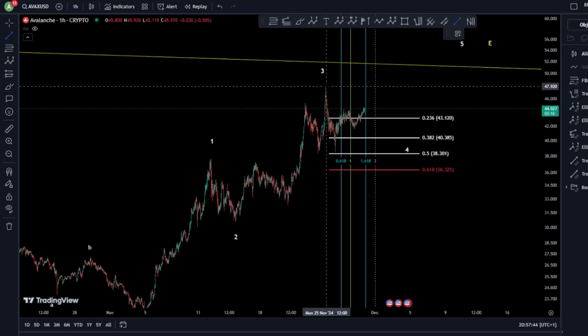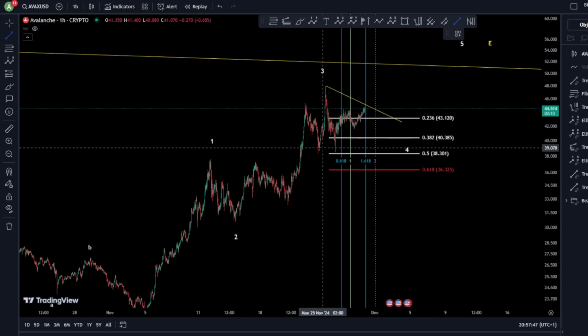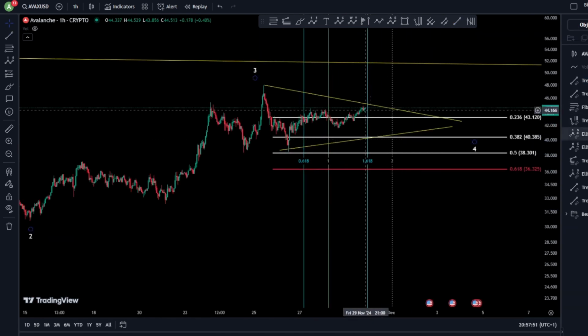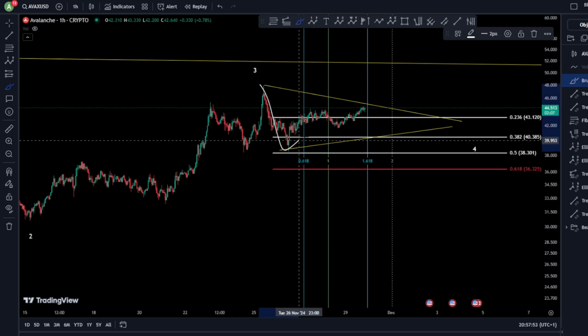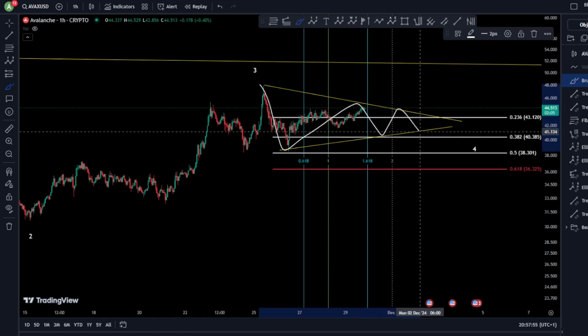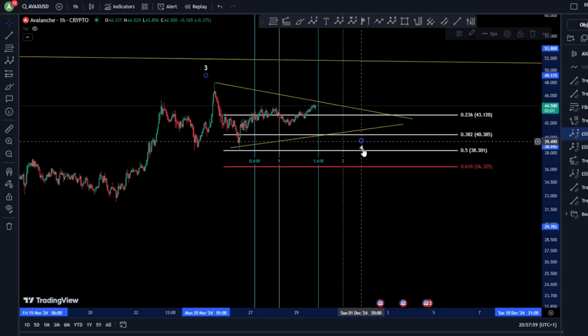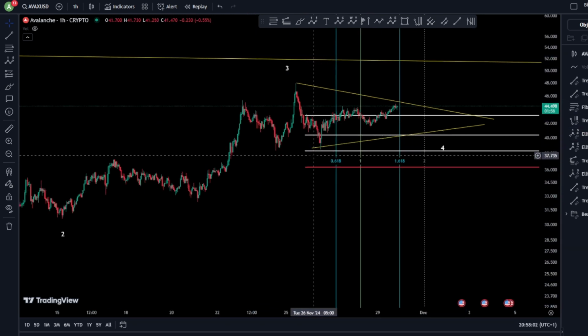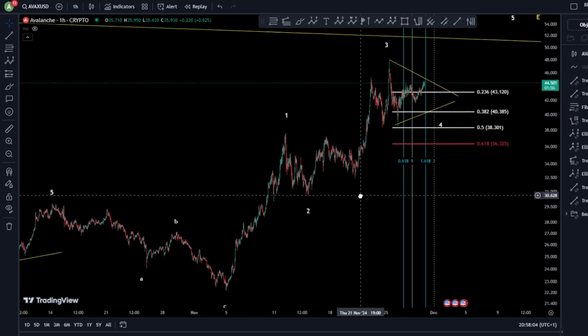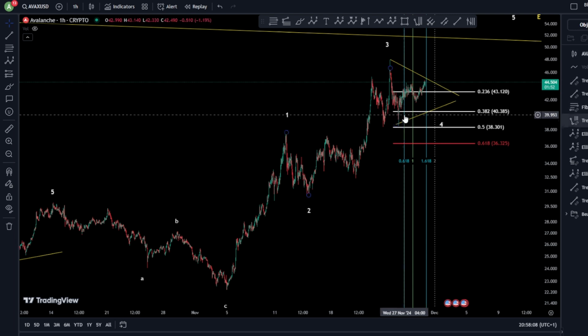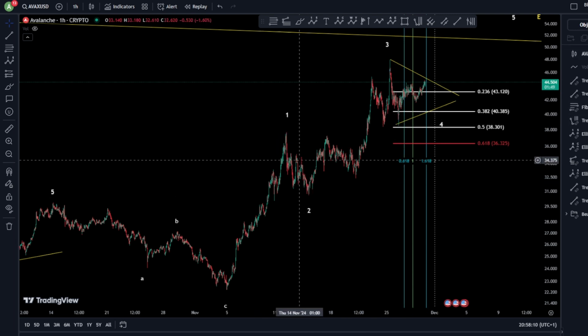In this case, by all means you might have here an A, B, C, D, and an E, and then continuation towards the upside. So we're gonna see what's gonna happen, but I doubt that we're gonna move forward from there, because it's not looking impulsive, and also it is very short in time based on your wave 2.